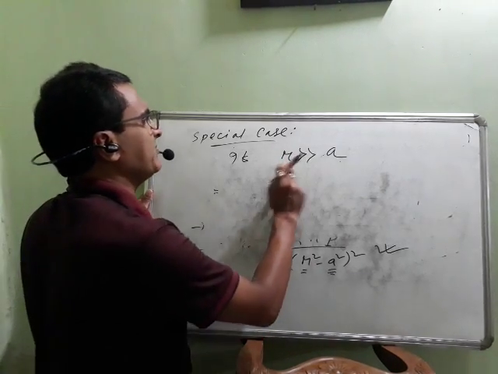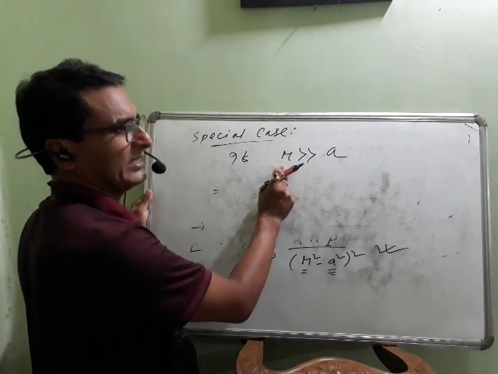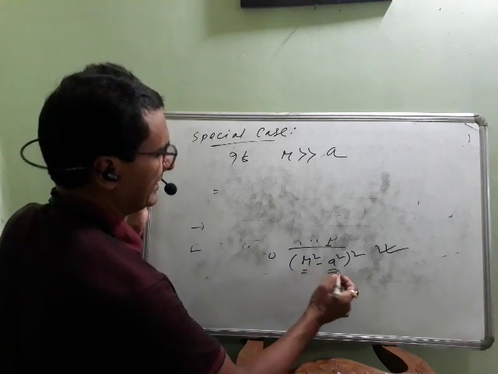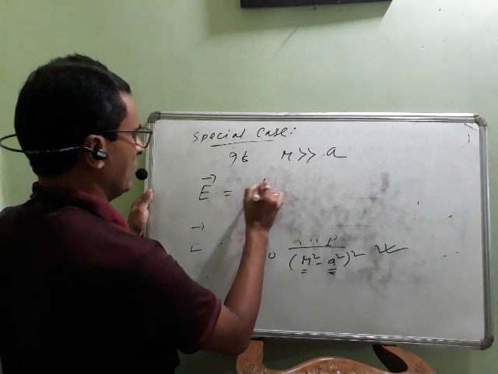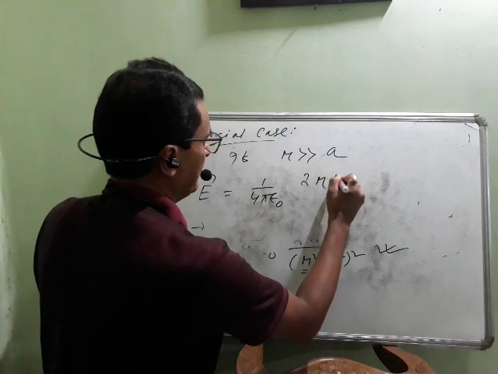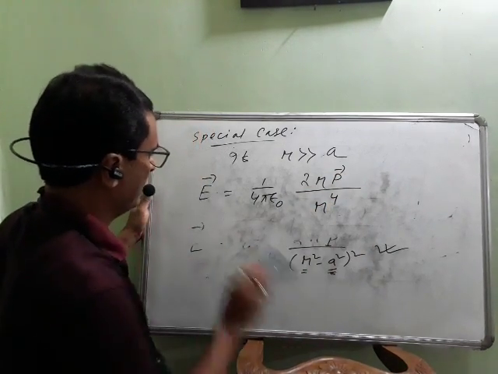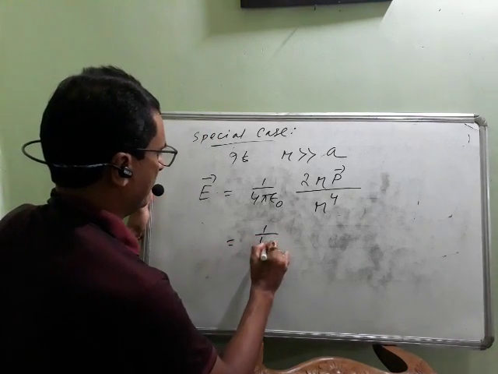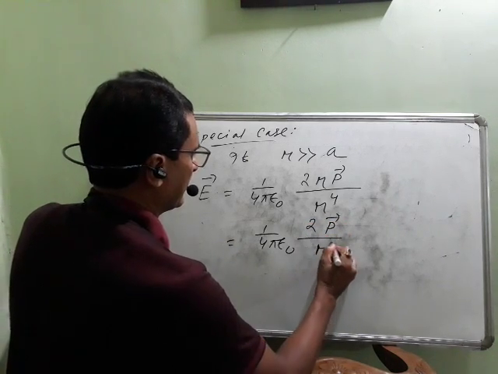So if R is much greater than A, the point of observation is at a larger distance than the half dipole length, then we can neglect this term here. So this equation becomes E equal to 1 by 4 pi epsilon naught twice R P vector divided by R to the power 4. Now it becomes 1 by 4 pi epsilon naught twice P vector divided by R cube.